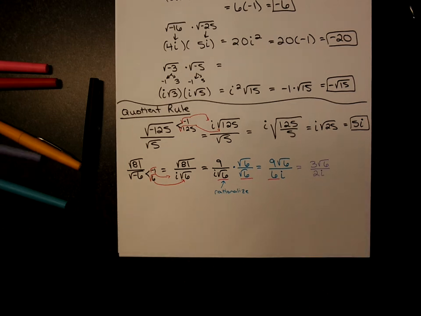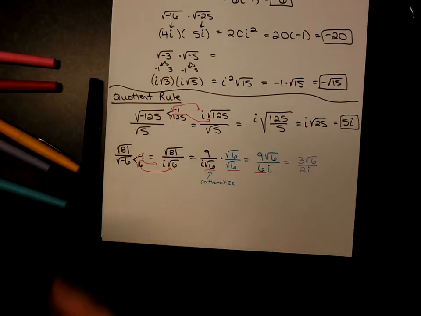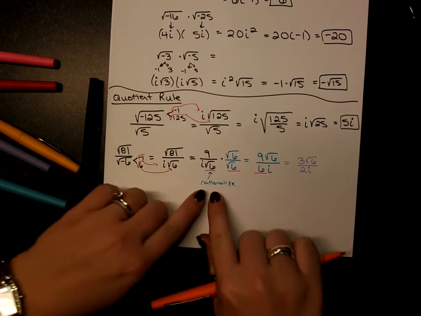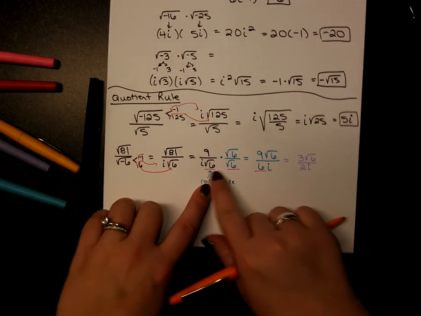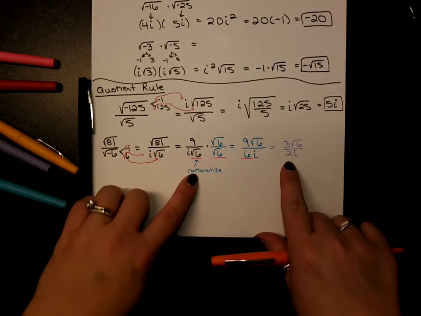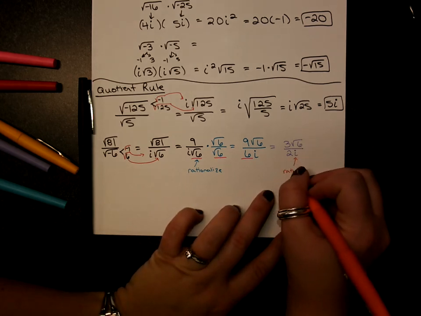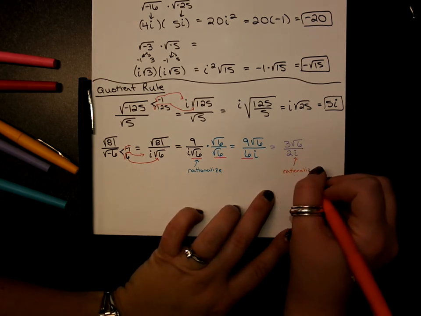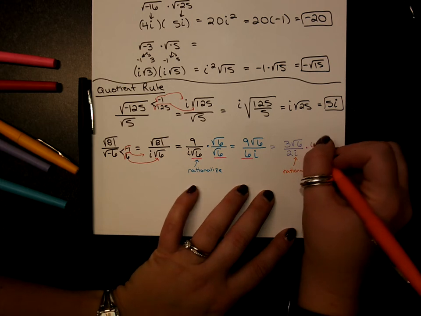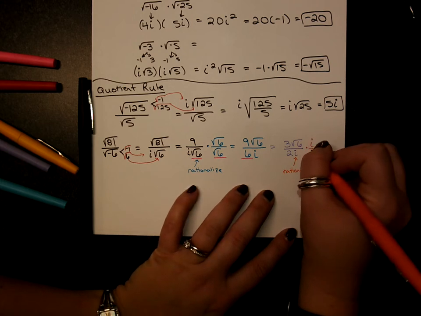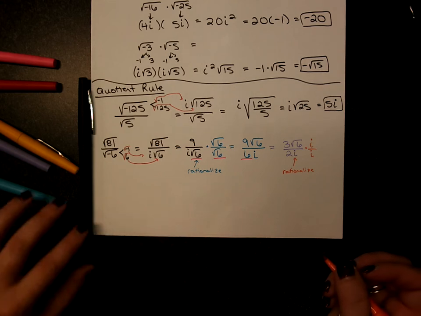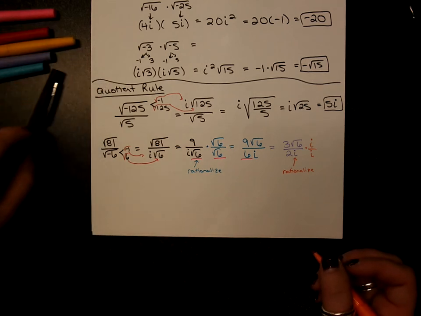We're almost done. From here, just like we can't have a radical on the bottom, we also cannot have i on the bottom. So i needs to also be rationalized. So we're going to multiply the top by i and the bottom by i. So anytime you have an i on the denominator, you have to do this.